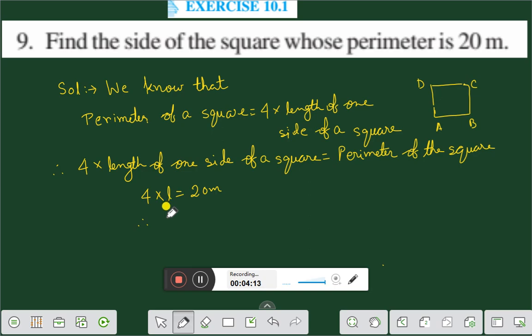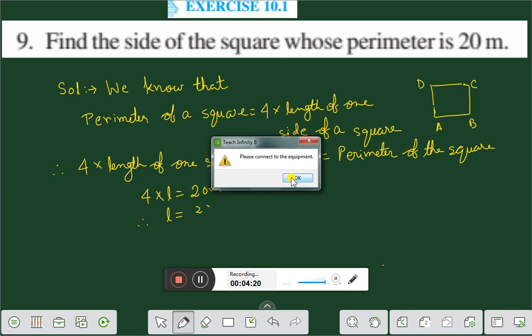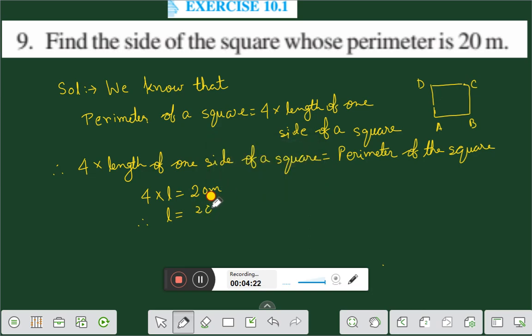Therefore we can say that L, length of the square, is equal to 20 meter divided by 4, that is equal to 5 meter, right?